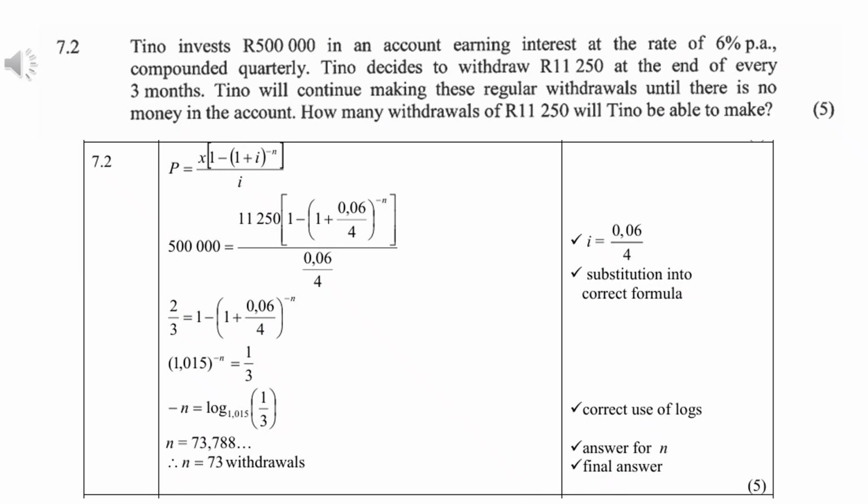Once you get to 1.015 to the power of negative n equals a third, you apply the log laws. Remember, the log of a number is the exponent. Then you use the calculator to find the value of negative n, and multiply by -1 to give you a positive n. So we round off to 73 withdrawals, because we can't say 74, as then there won't be enough money left.